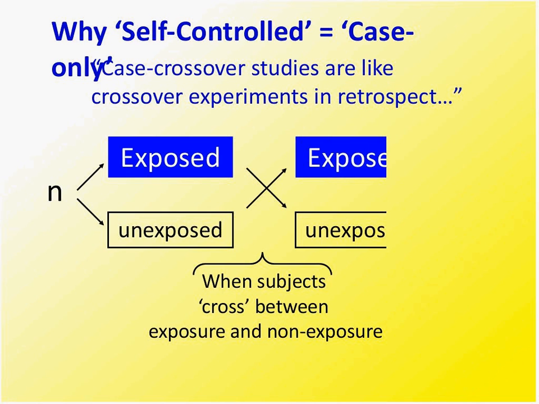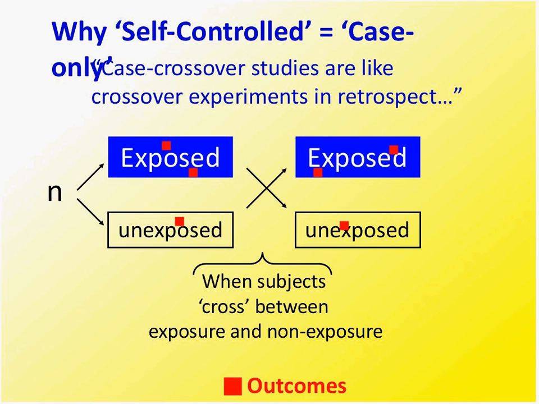So that dealt with the research question. Now, a few slides that address why self-controlled analyses essentially are case only. Well, you know of crossover experiments, and in those experiments people serve as their own controls.